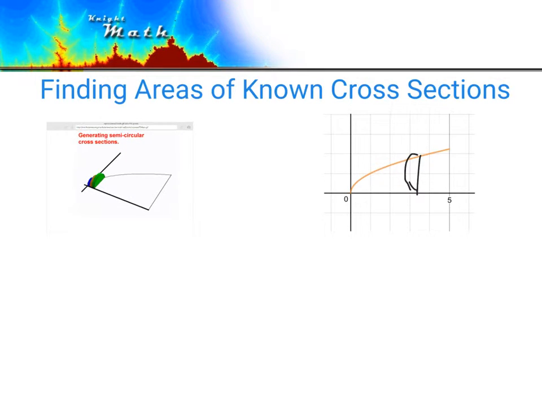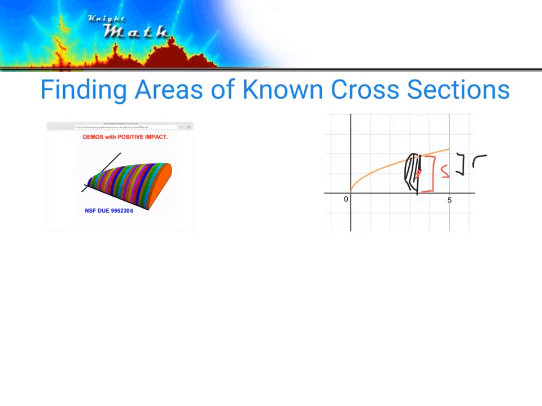Okay, so we got to figure out what the radius of the circle is. So we're going to figure out two things. We're going to first find out what, let's call this S. We'll use the same letter. But then we need to cut that in half, because we need to figure out what R is, this little distance right here, the radius of that semicircle that we're going to stack on top.